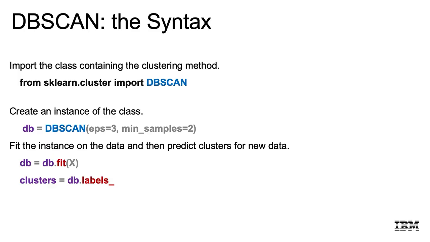If you wanted to fit on a larger data set, then you just include it in that fit, and then you can come up with the different clusters. So we get our db.labels, and just to note, for those labels, we're going to have class 0, class 1, and any outlier, as we saw can happen with DBSCAN, will be labeled -1.